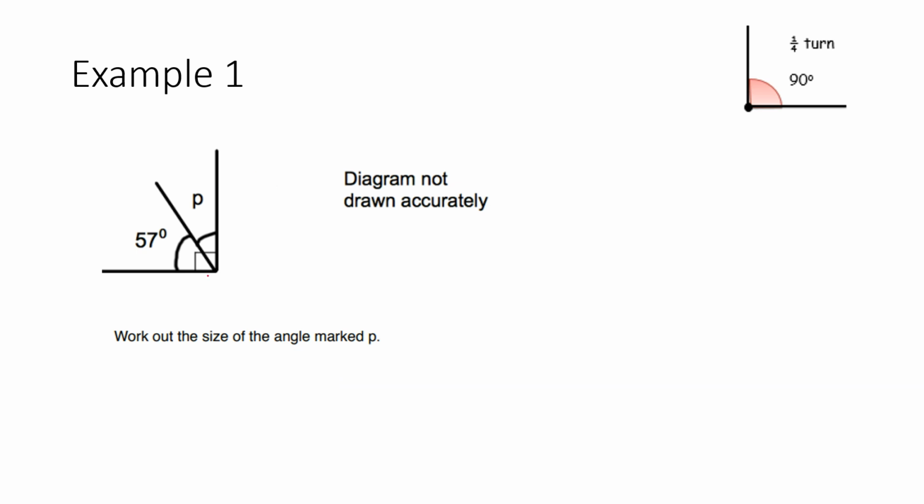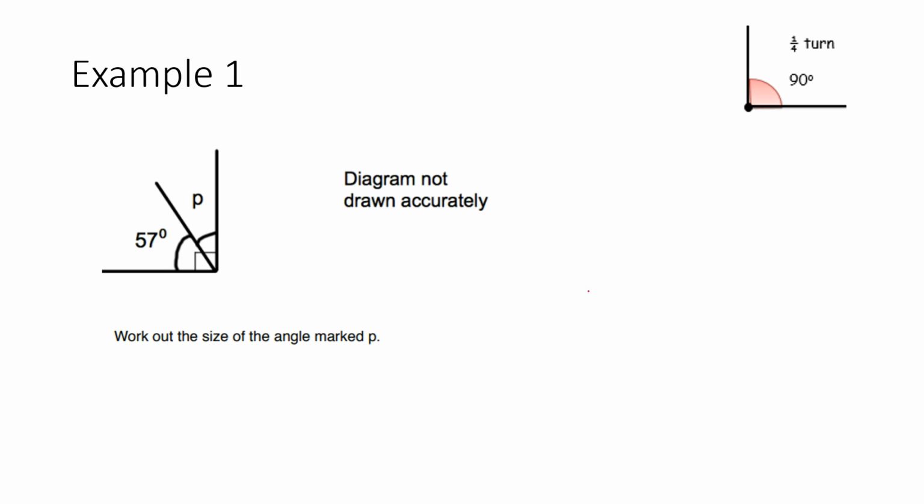So example 1, it says work out the size of angle marked P. So you have a look, the angle marked P is this one here in this segment here, and it tells us that the other segment is 57 degrees. Now because of that square in the corner, or also because of how it's shown to you, you can predict that it's going to be 90 degrees in total.